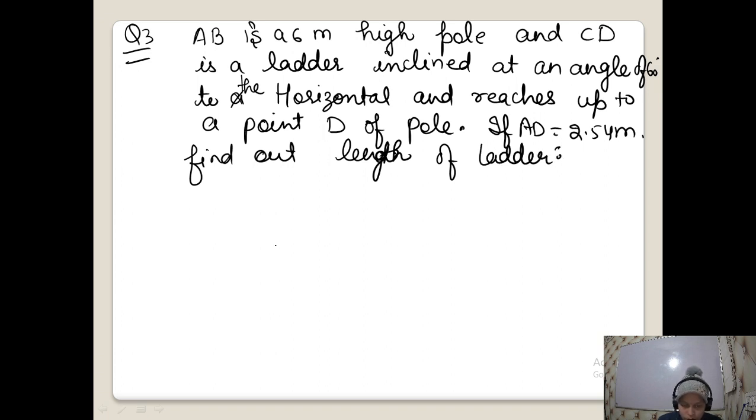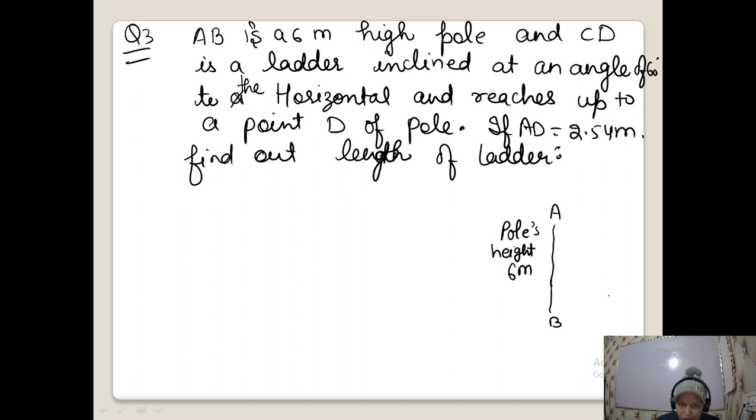You have to draw the diagram first of all. You have given AB, that is a 6 meter high pole, its height.